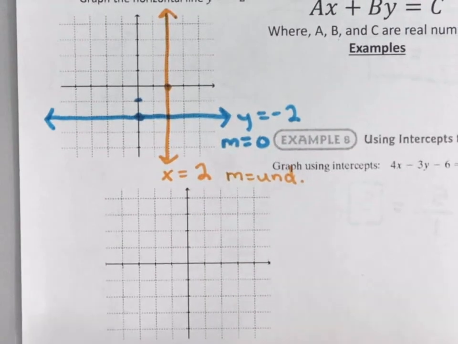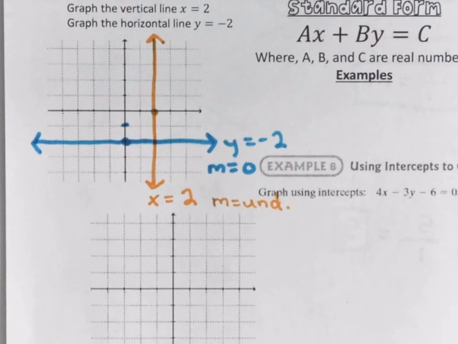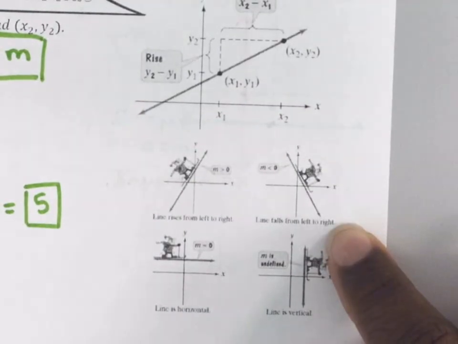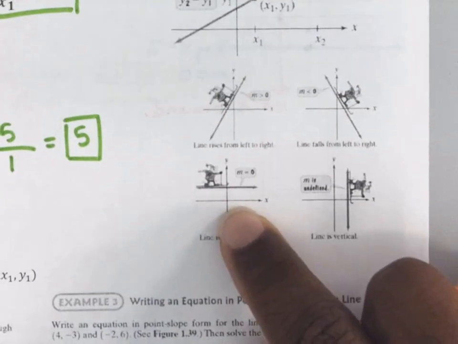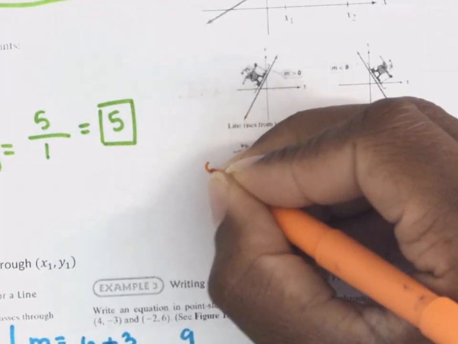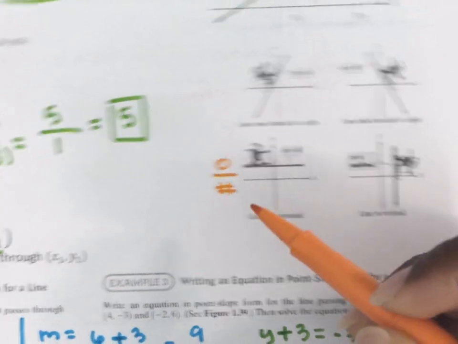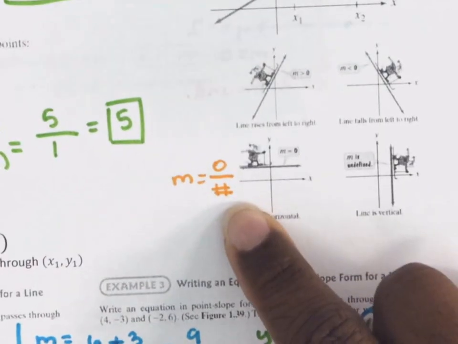Now, reason being is, for this one, the blue one, let's turn over and look at the slope. So you got uphill, you got downhill. This is positive slope, this is negative slope. When you have 0 over some number, your result comes out to equal 0 for your slope. That's this case.